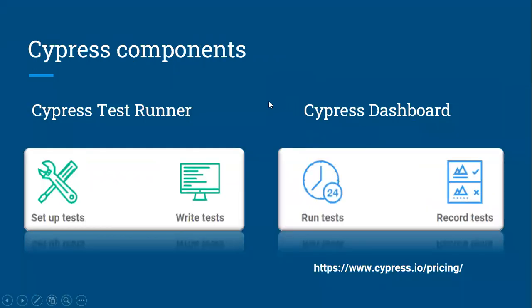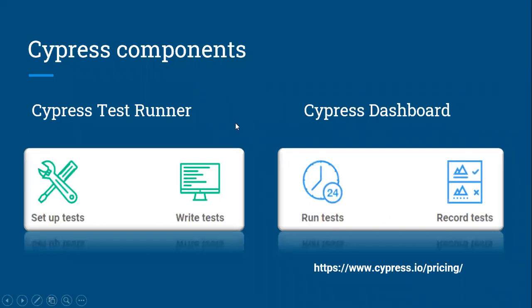In terms of Cypress components, Cypress has two products: the Cypress Test Runner and the Cypress Dashboard Service. Cypress Test Runner is open source, and Cypress Dashboard is a paid service.